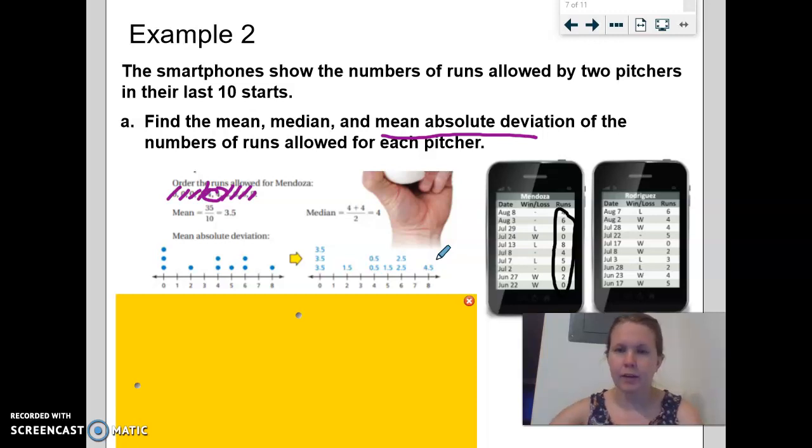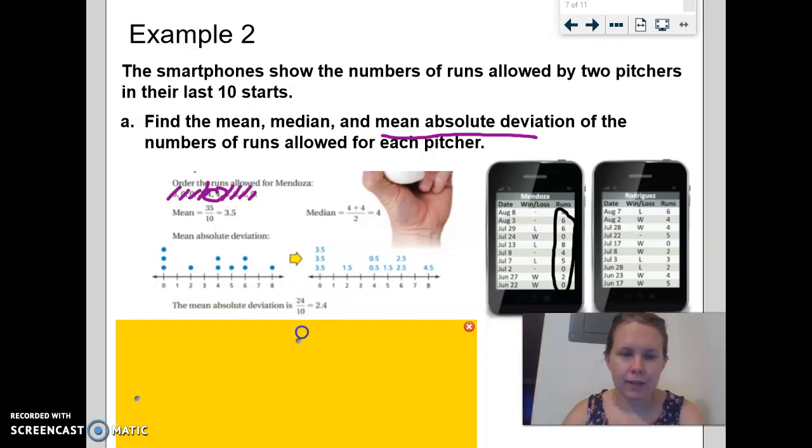All right, I got 24. Let's see if they got 24 as well. They did, and then they did that last step. The last step, so this was step 3, is adding them all together and then you divide by the amount of numbers there were, and that is 10. So you get a mean absolute deviation of 2.4 for Mendoza.